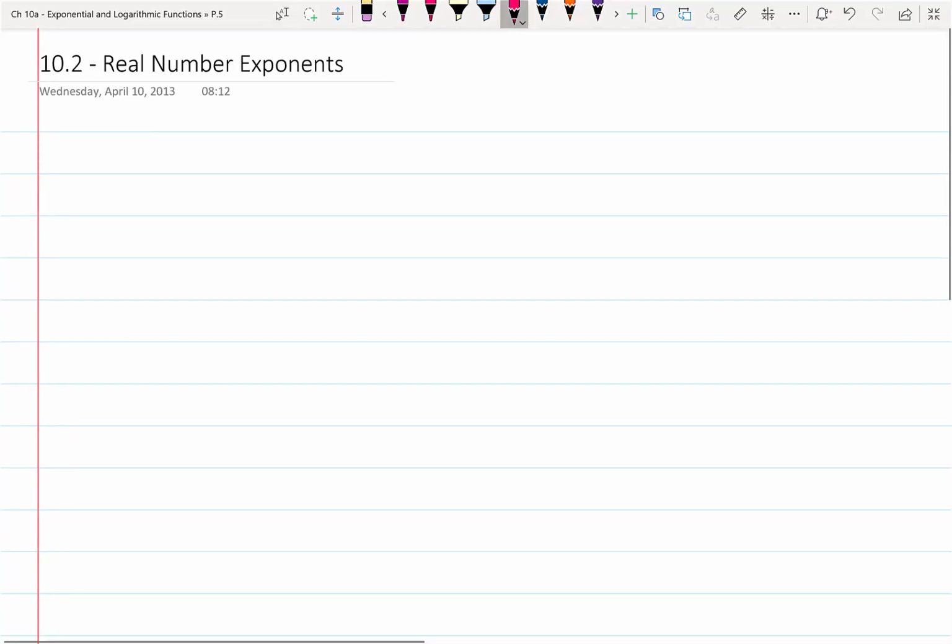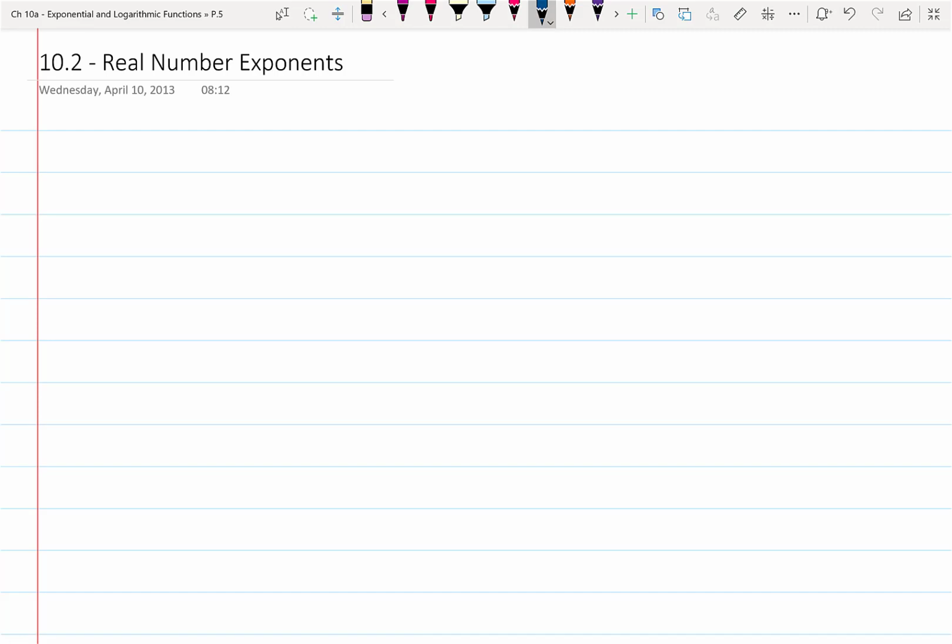We are going to make some meaning behind some things that we've been doing. We have done 2 to the third, 2 to the 3.5, which I can call 2 to the 7/2, and 2 to the 4th.